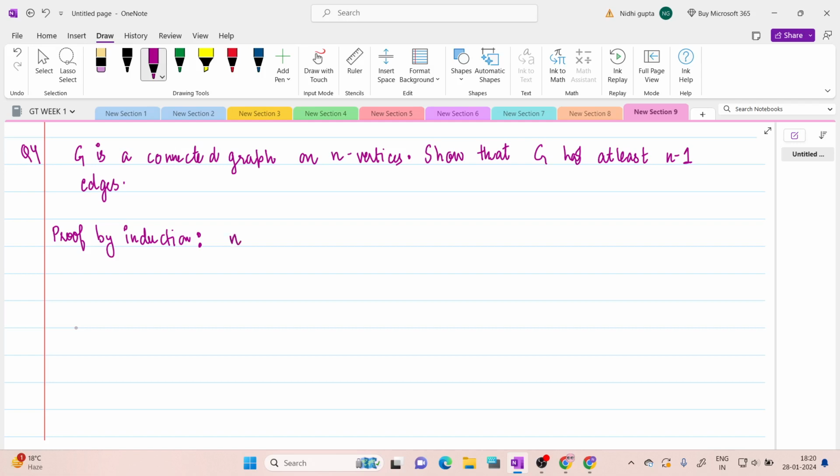For n equal to 1, is this statement true? We are basically saying that the number of edges should be greater than or equal to 0, and if we have one vertex, the number of edges is 0. So for n equal to 1, it is trivially true.